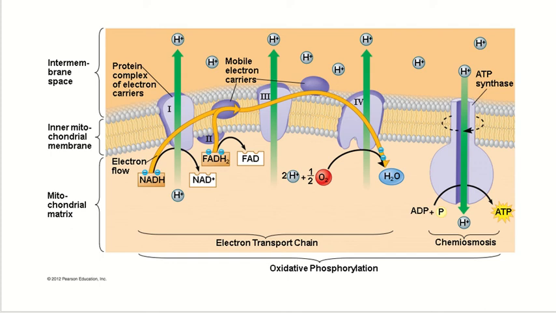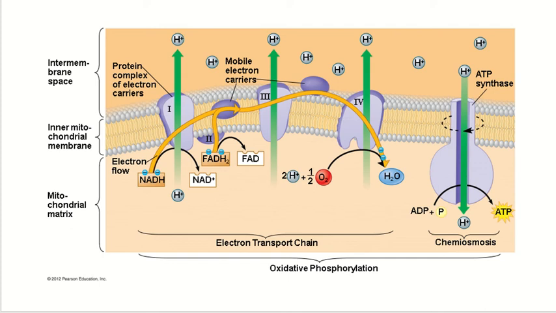This mobile carrier will carry the 2 electrons from cytochrome 1 to cytochrome 3. And in cytochrome 3, as it receives the 2 electrons, it will in turn pump 2 hydrogen ions from the mitochondrial matrix to the intermembrane space.